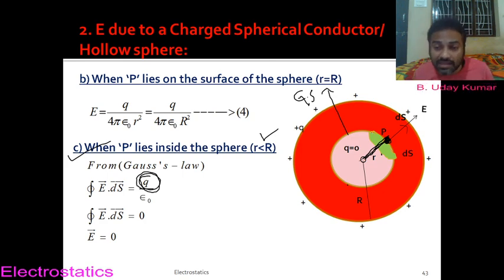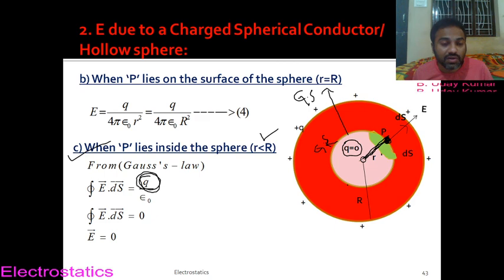Whatever charge you give to a conductor will not stay inside it; it always comes out. So the charge present inside this Gaussian sphere will be 0.